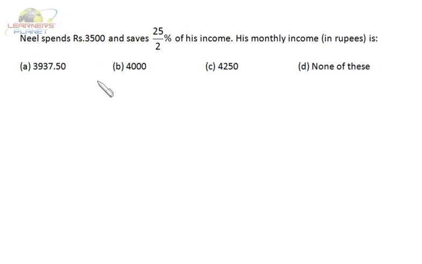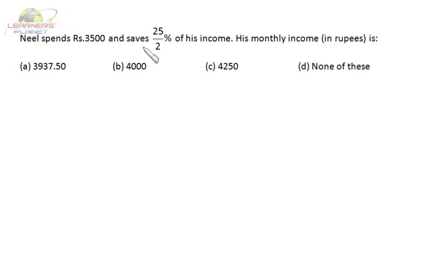Now let's see this question. Neil spends rupees 3500 and saves 25 by 2% of his income. What is his monthly income? Friends, 25 by 2% means 12.5%. Or in other words, we can say it is 1 by 8. That means he is saving 1 by 8 of his income, so he is spending 7 by 8 of his income.